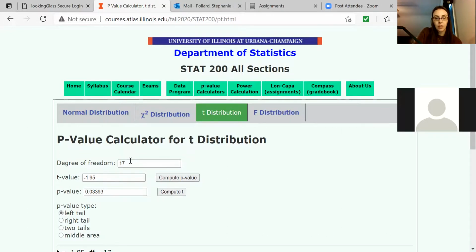So all we're entering is our degrees of freedom, the t-value we calculated using that formula where we subtracted the mean and divided. And then you do have to select which type of test it is, and it will give you your p-value that way. So this online calculator is going to be really helpful for you if you're not using the calculator. So you're going to want to use this for the homework questions, and you're going to want to use this for the project so that you have an accurate answer, not just a rounded answer from the table.